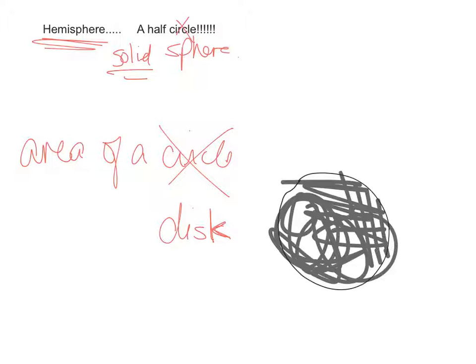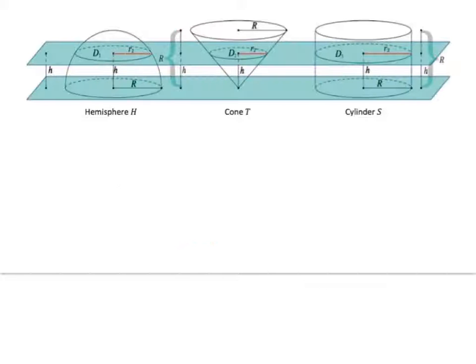Okay? So today we're going to talk about the sum of the volume of a solid hemisphere with radius r and the volume of a right circular cone with radius r and height r being the same as the volume of a right circular cylinder of radius r and height r. So let me get the graphic out here.